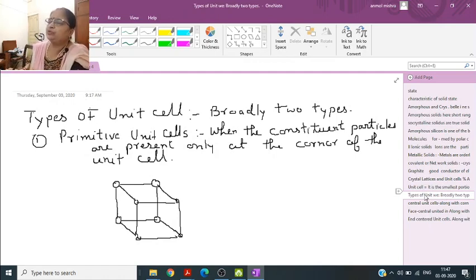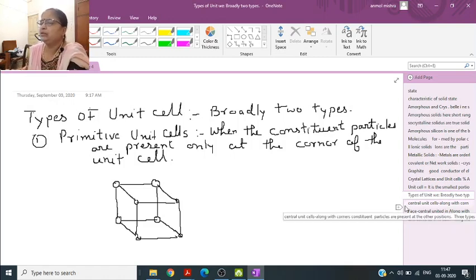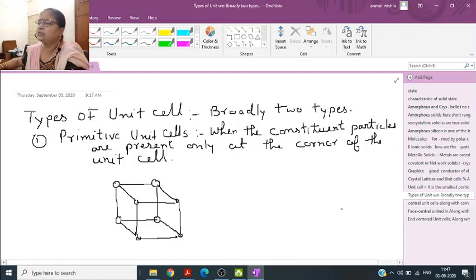Now types of unit cells. Broadly 2 types of unit cells are there. Number 1 is the primitive unit cell. When the constituent particles are present only at the corners of the unit cell, then it is known as a primitive unit cell. I will draw one once again, because you will draw this diagram.